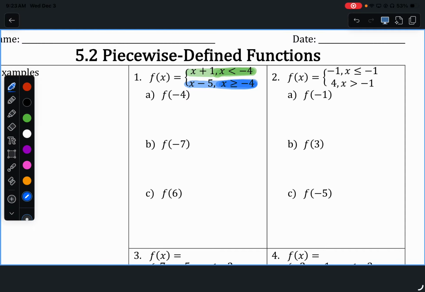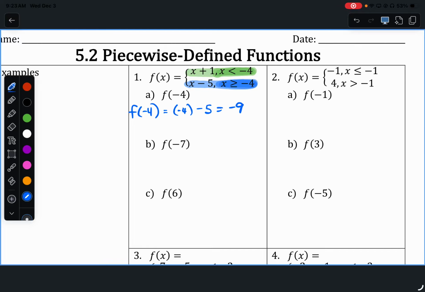It is negative x plus 5 when x is greater than negative 3, but less than or equal to 2. And it is 0 when x is greater than 2. So that is our pieces.